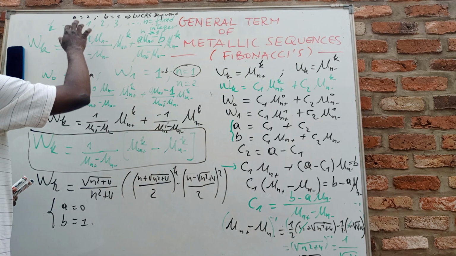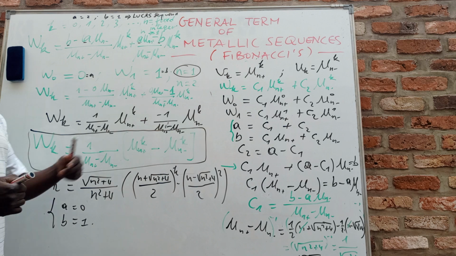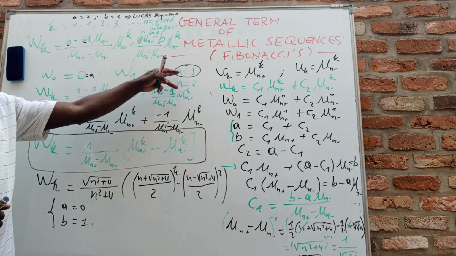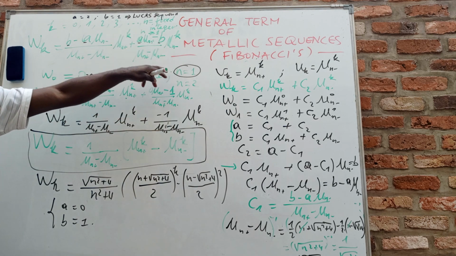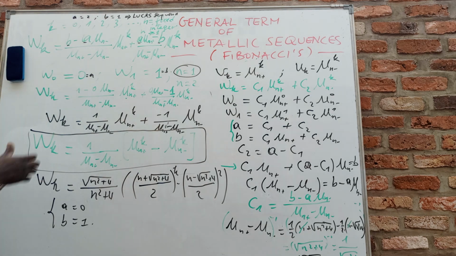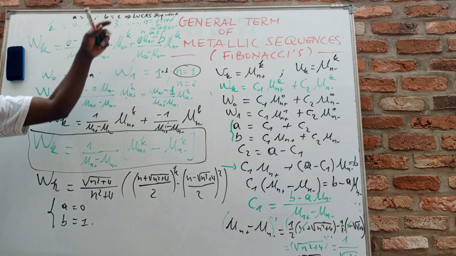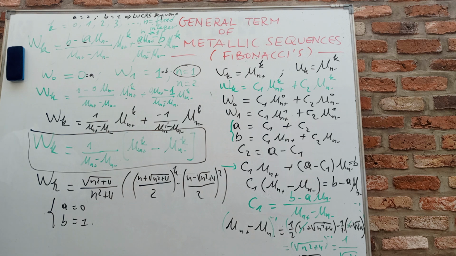So it is kind of a generalization of the Fibonacci sequence. The Fibonacci sequence becomes the Lucas sequence in case the initial conditions are taken to be A equal to 2 and B equal to 1.